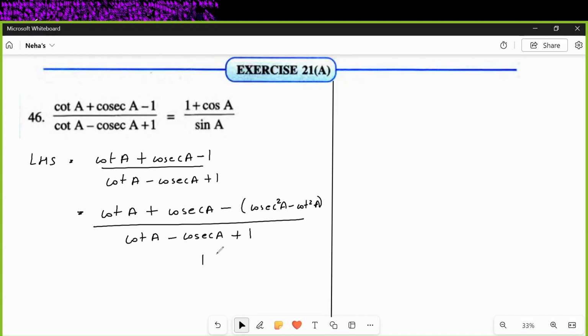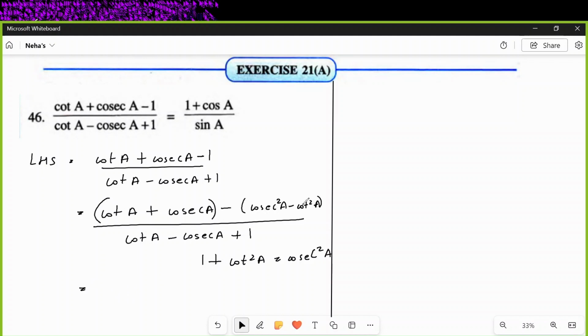This is by the identity that 1 plus cot square a is equal to cosec square a. Therefore, cosec square a minus cot square a will be equal to 1. Now this becomes our first bracket.